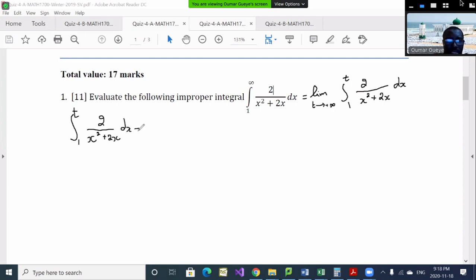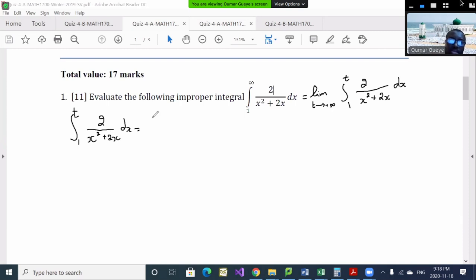As I told you guys a couple of weeks ago, when you have a rational function to integrate, the best method is partial fractions, when the numerator is a polynomial of degree 0 and the denominator is a polynomial function of degree 2. So the two conditions are satisfied.